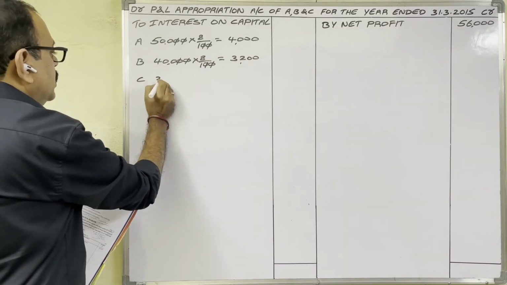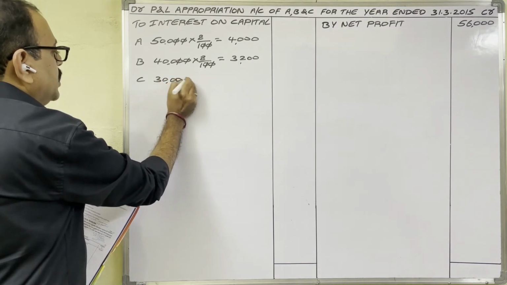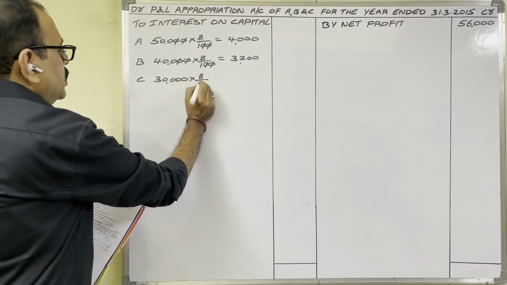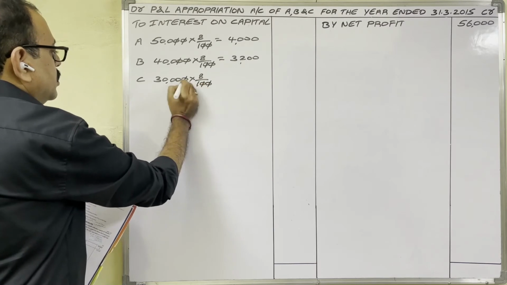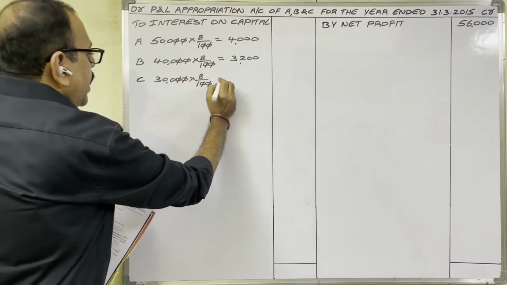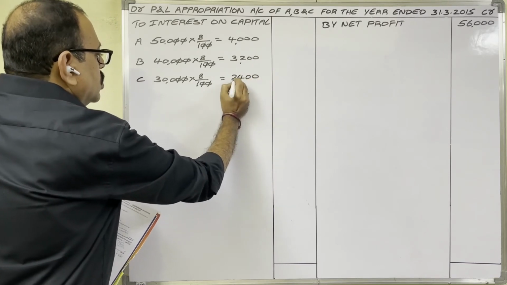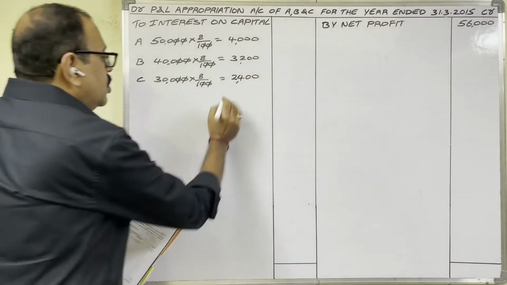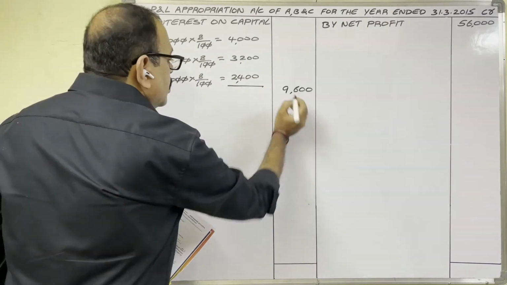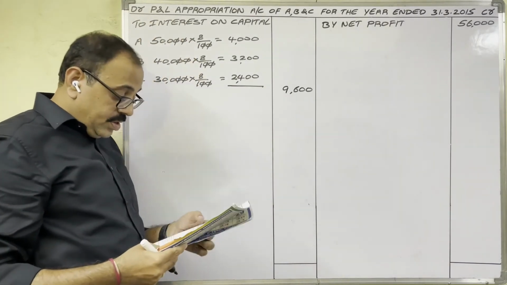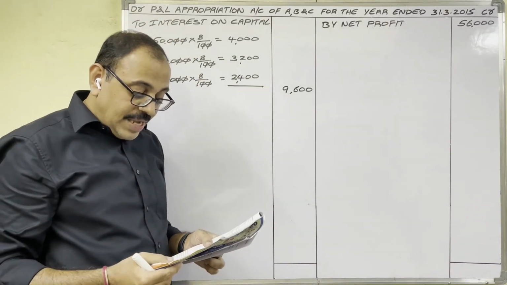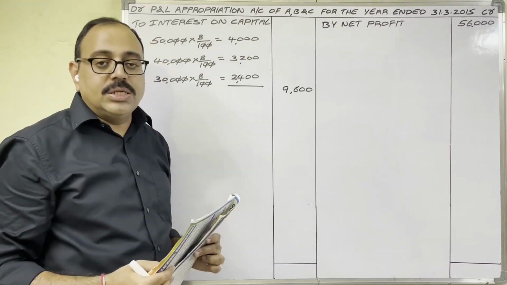C invested 30,000 rupees capital. On that, 8% interest. 3 into 8, 24. Add these two zeros. 2,400. Total in outer column 9,600.